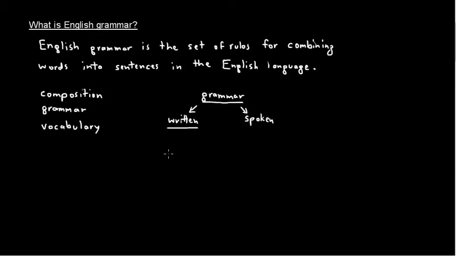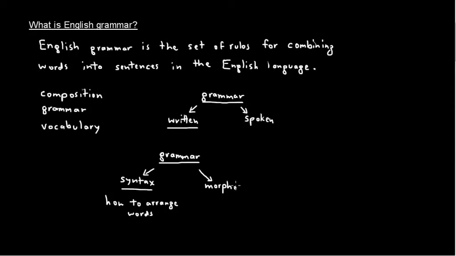Okay? And the other two major parts of grammar, and you'll hear these terms used, are syntax, which is how to arrange words, and this is a big word, morphology.